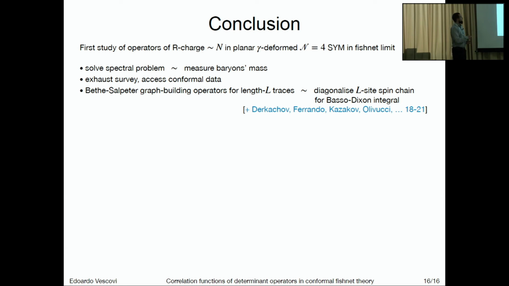But also in the light of some analogy that I made at the beginning, extracting anomalous dimensions out of these two-point functions would be equivalent in some sense to measuring the mass of baryons from their two-point functions. So maybe you can also think of developing these diagrammatics and enriching them in order to pursue this analogy.